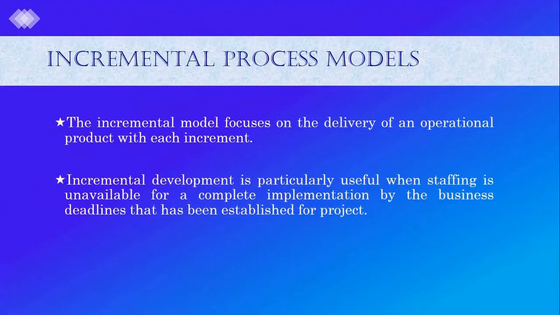The incremental model mainly focuses on the delivery of an operational product with each increment. Incremental development is particularly useful when staffing is unavailable for a complete implementation by the business deadlines that have been established for the project.